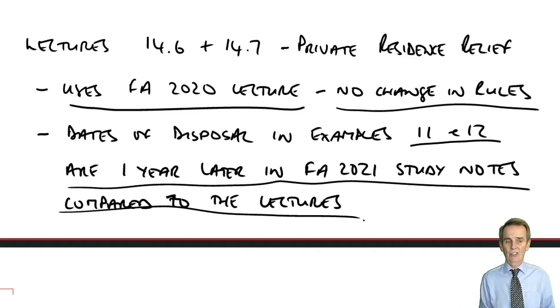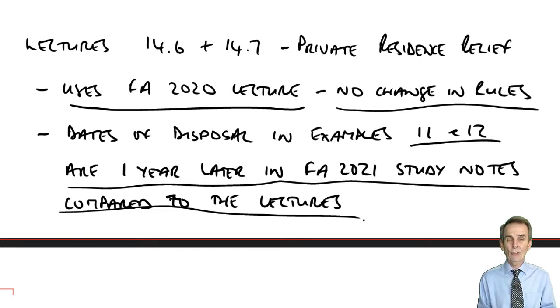Now, all that means is that you've got another year, another 12 months period of ownership there. So when, as will be necessary, time apportionments need to be done to determine what proportion of the gain made on the disposal of the private residence is eligible for the private residence relief, then the time apportionment is going to be slightly different in terms of your study notes, with your current examples for 2021 Finance Act, as compared to what you see in the lectures.